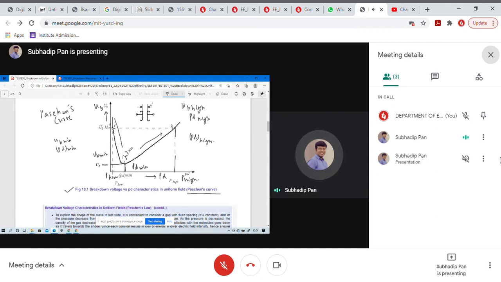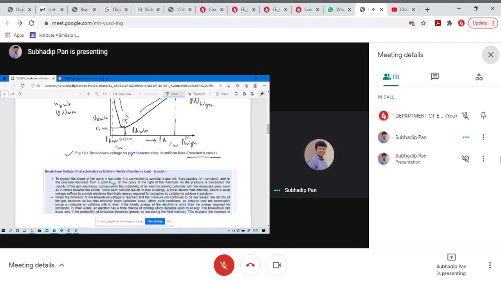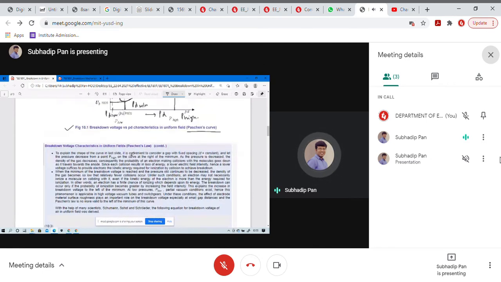So this particular figure describes the breakdown voltage versus PD characteristics in a uniform field. Now there is some continuation of the breakdown voltage characteristics. These are the different characteristics of Paschen's law.